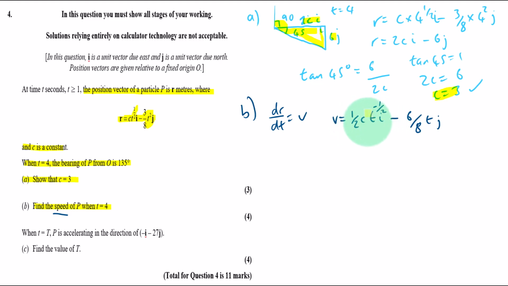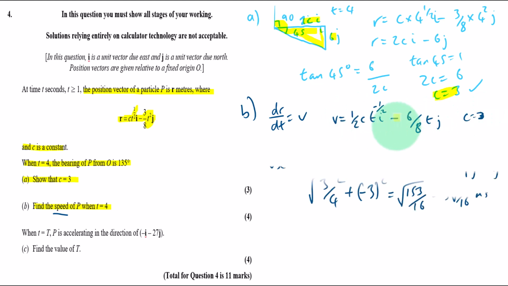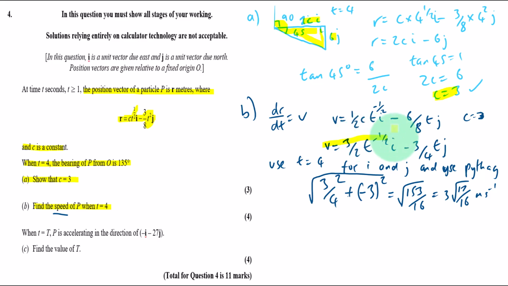Now really, I should have substituted c equals 3 here, but I'll just do it right now because we'll get the same answer, and we get this answer here. Now that's our velocity, but it's asking for the speed of P when t equals 4, right? So use t equals 4 for the i and j components only, and use Pythagoras.